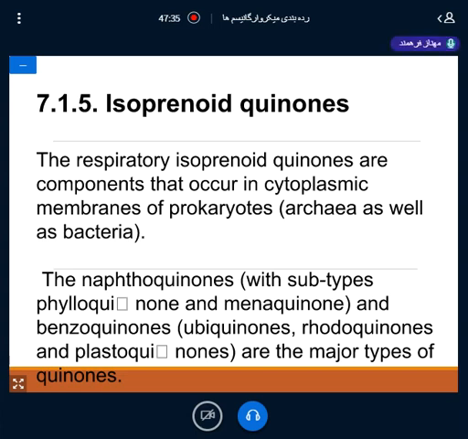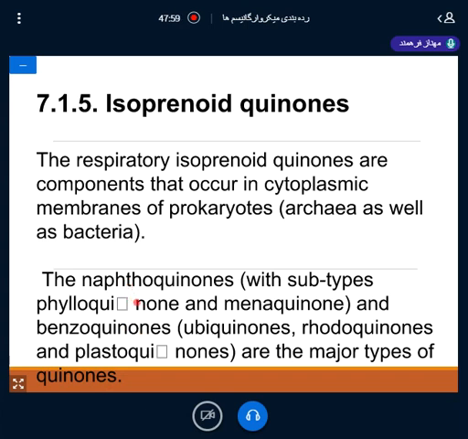The naphthoquinones, with subtypes, and benzoquinones, rhodoquinones, and plastoquinones are the major types of quinones. Please note that the major types of quinones are listed here.